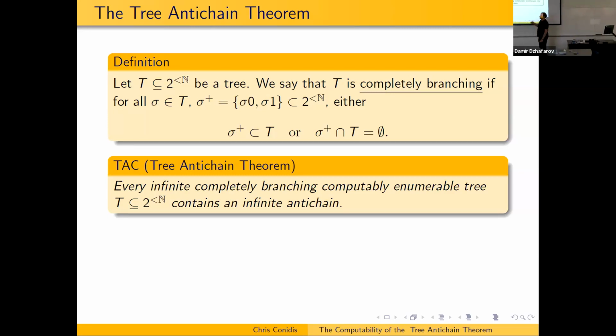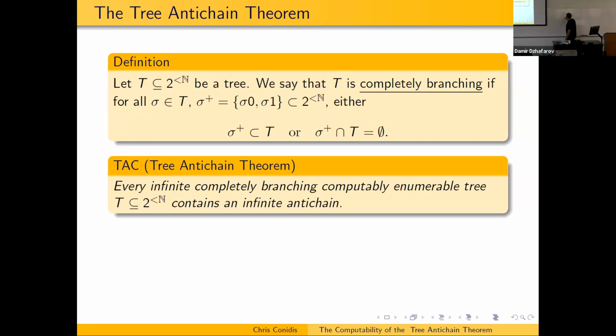If you think about your infinite path through your infinite tree, because your tree is completely branching, along your infinite path you must have these other nodes sticking out, right?